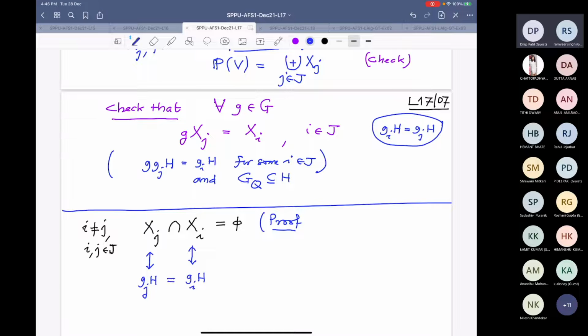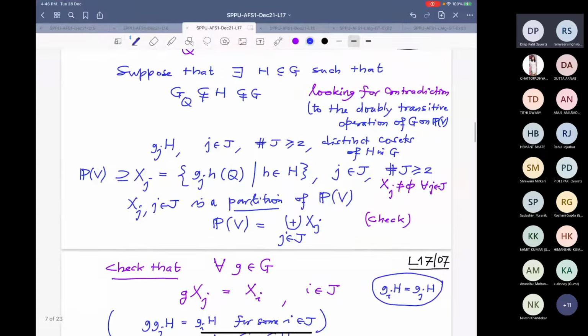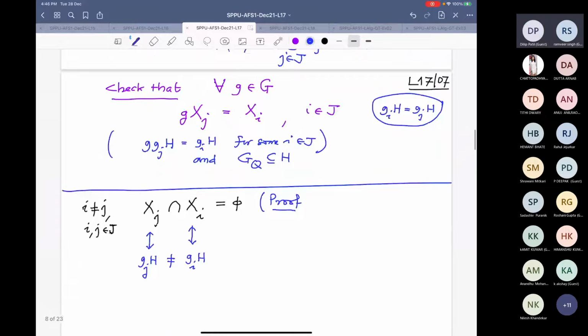And these cosets are different because I is different from J. These cosets are numbered like that, and you are taking the distinct cosets. All right, so I am proving this.